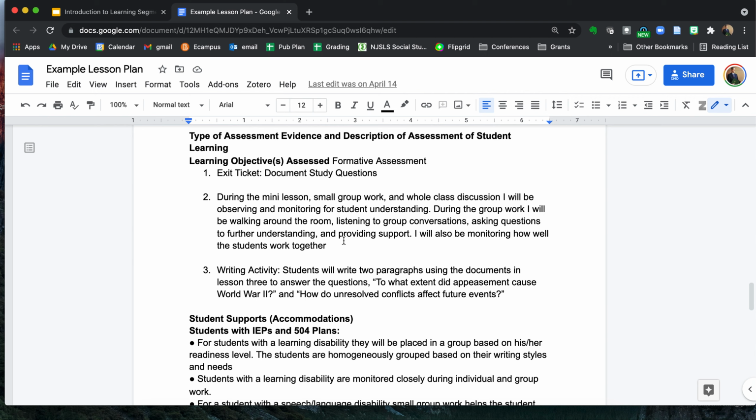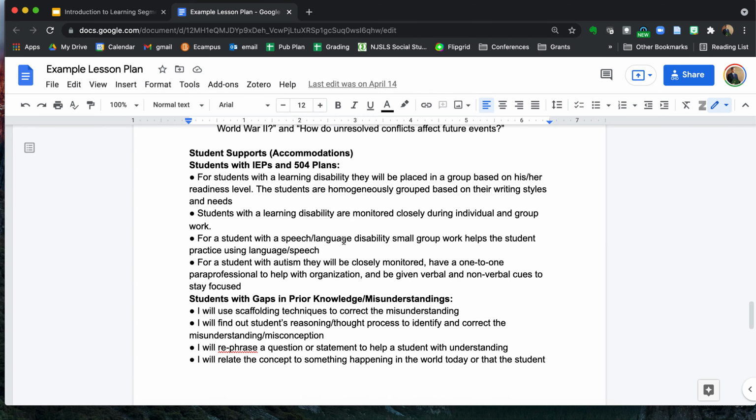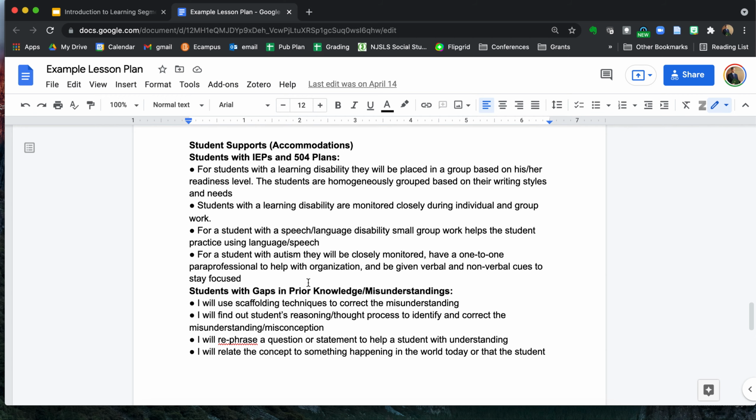But again, I can't use this document because I don't have any of the instructional materials. And here she tries to break things up, at least for IEPs and 504s. But a lot of her accommodations aren't super useful.